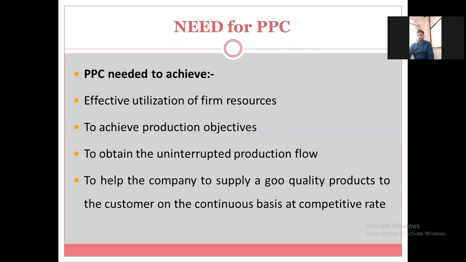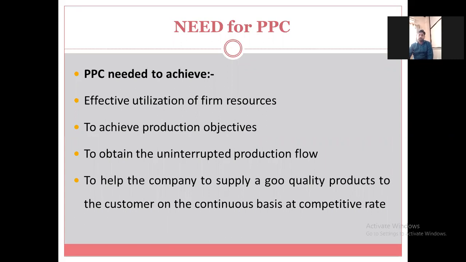Then it is useful to achieve the production objectives. Once again I'm repeating: right quality, right quantity, right cost, and right time. These are the production system objectives that every management system wants to achieve, and the PPC department helps management to achieve them. Then if you have a production planning and controlling department, you can generate uninterrupted production flow.